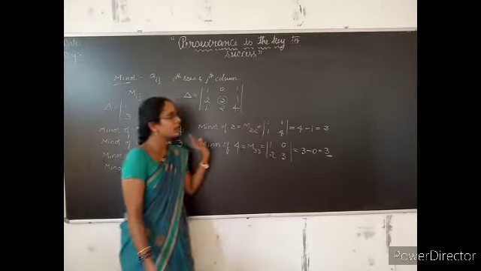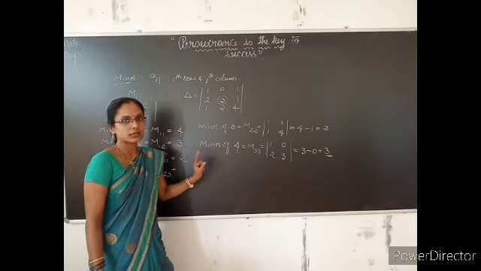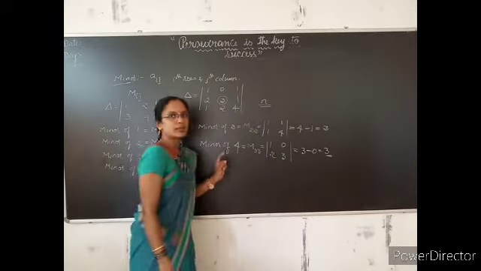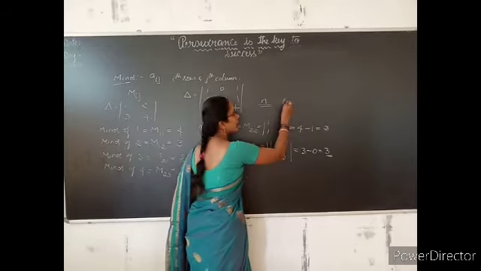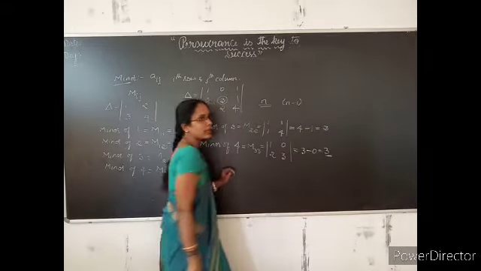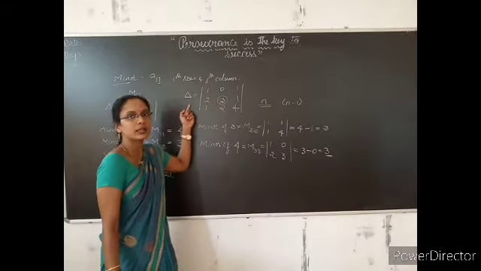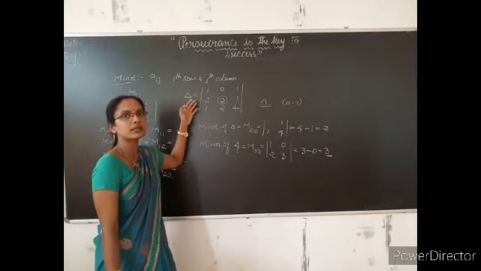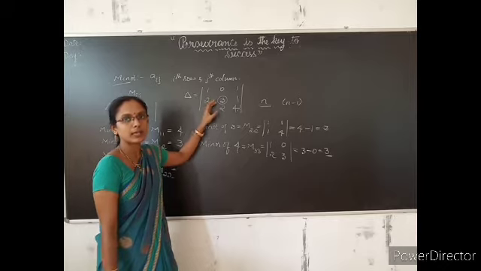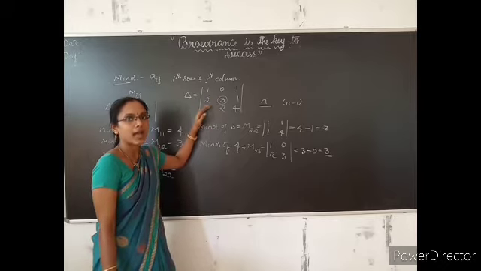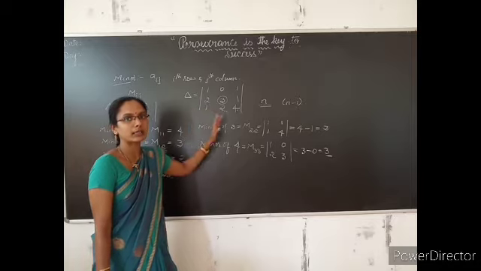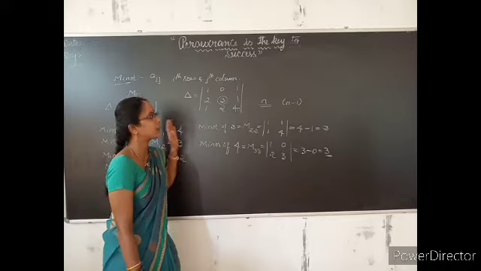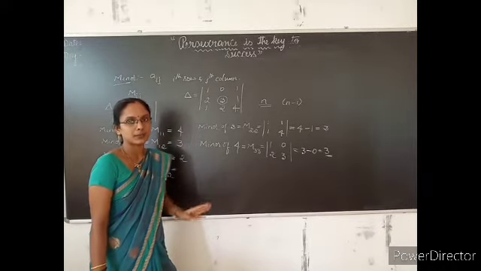In general, if a determinant has order n, its minors have order n minus 1. Suppose you consider a determinant of order 4 by 4, then the minors of each and every element of that determinant have order 3 by 3, so you have to evaluate a 3 by 3 determinant. So this is about the minor of an element.